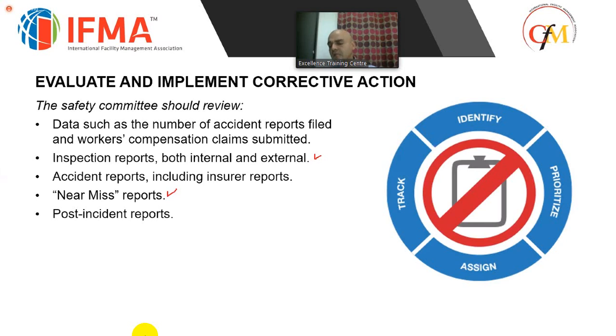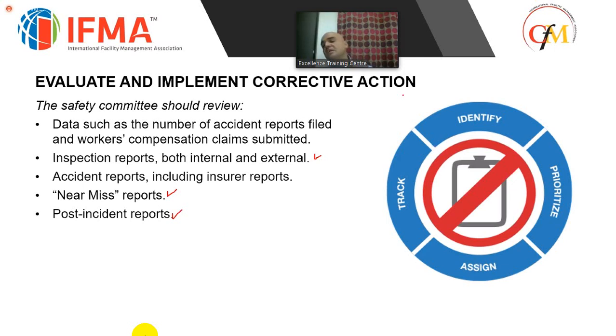Unfortunately, in Qatar, things have improved, but in the last few years, I've seen several incidents in organizations, whether they are operating facilities or facilities under construction, where risk factors are higher, where people have lost their lives. Post-incident reports: after an incident happens, we go and investigate, we see what the problem is, we analyze what the reason is, and then we put our recommendations for corrective actions and preventive measures for the future.